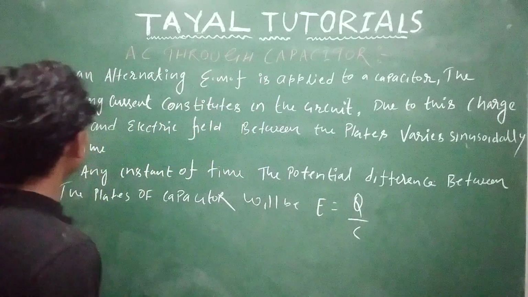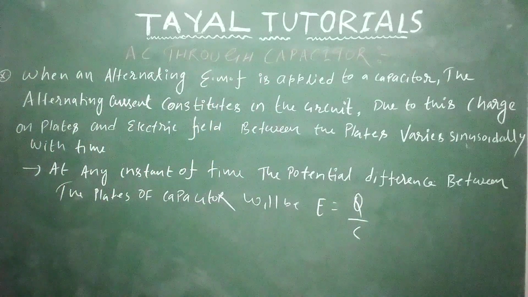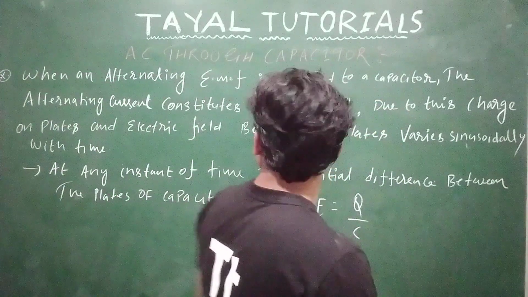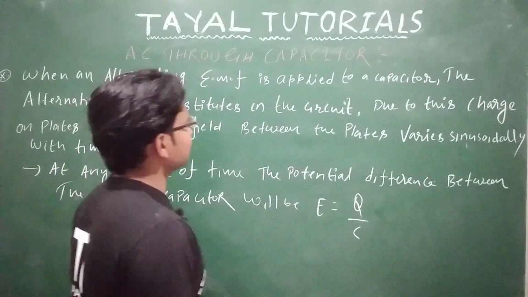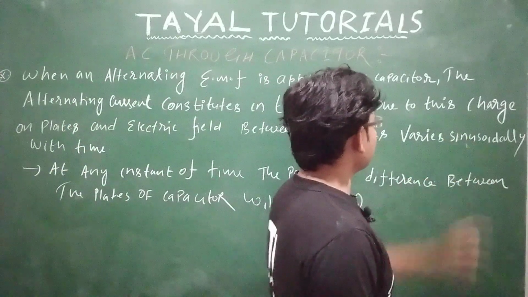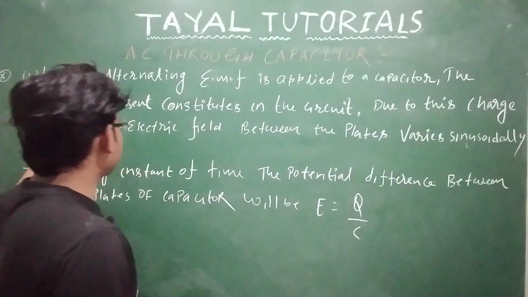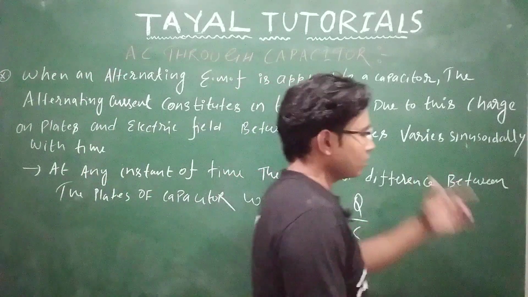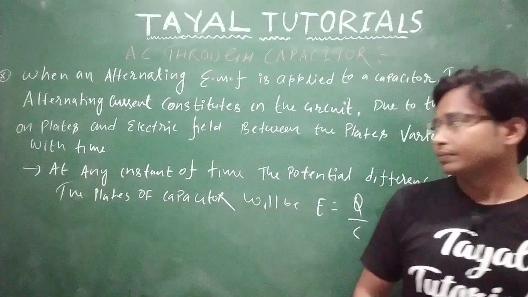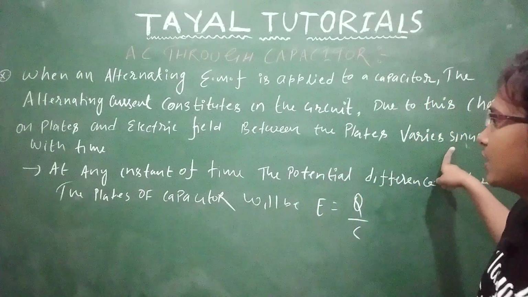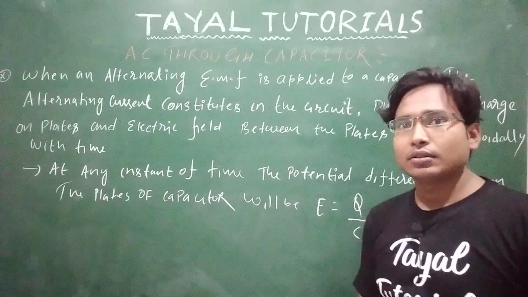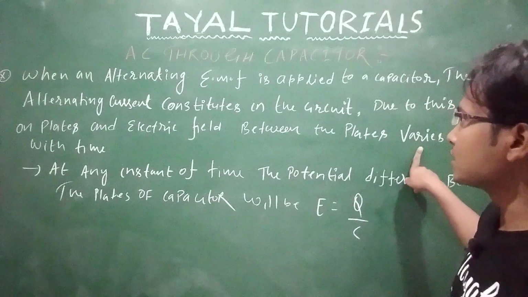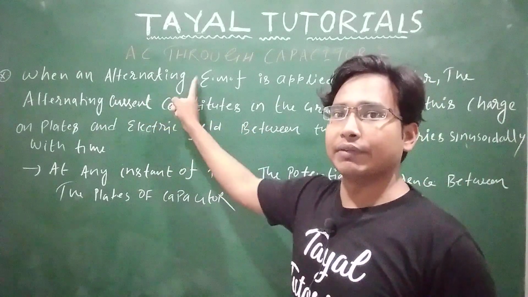See, when an alternating EMF is applied to a capacitor, an alternating current constitutes in the circuit. Due to this, the charge on the plates and the electric field between the plates vary sinusoidally. The charge on the plates of the capacitor and the electric field will definitely vary sinusoidally when we apply alternating EMF.